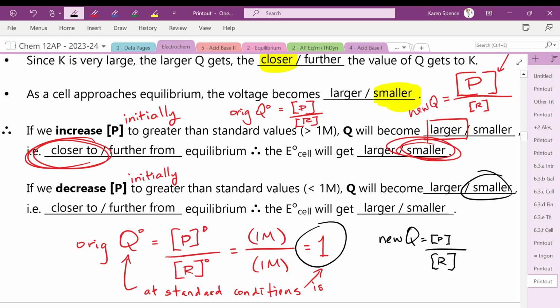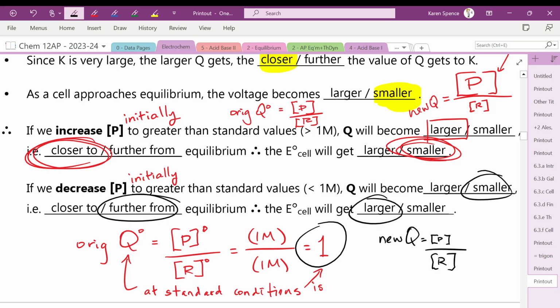Q got smaller. And if Q got smaller, are we closer to or further from equilibrium? Further from equilibrium, and therefore, is the E naught of cell going to get larger or smaller?